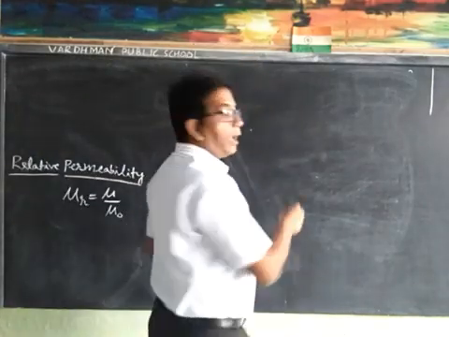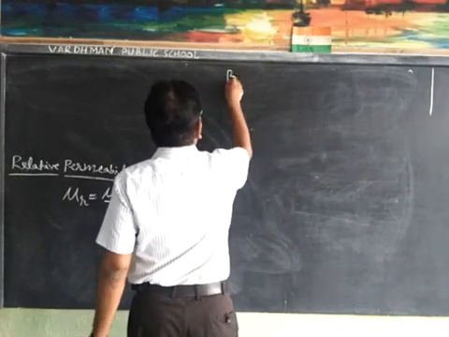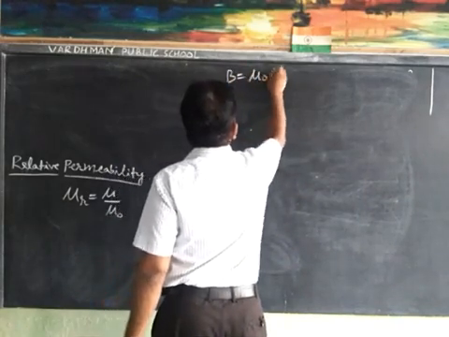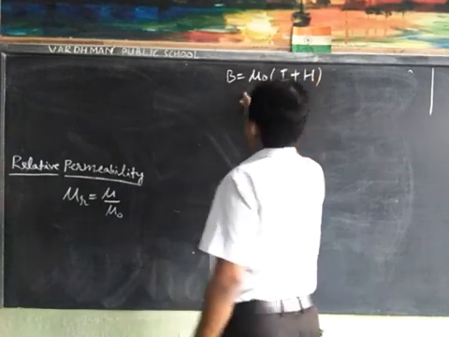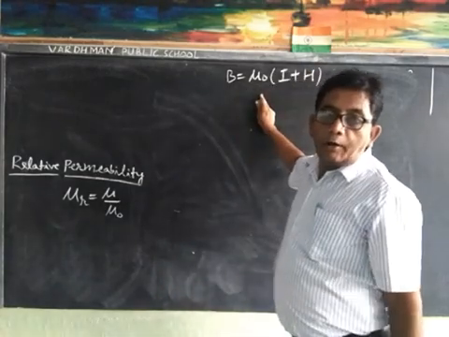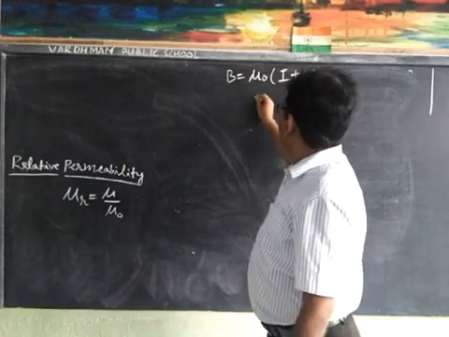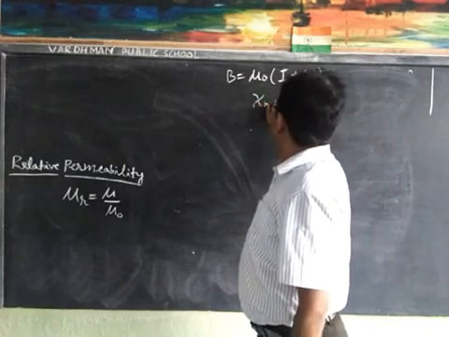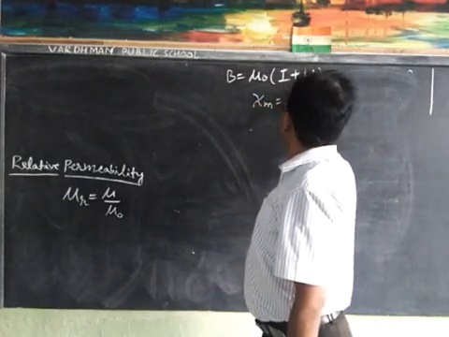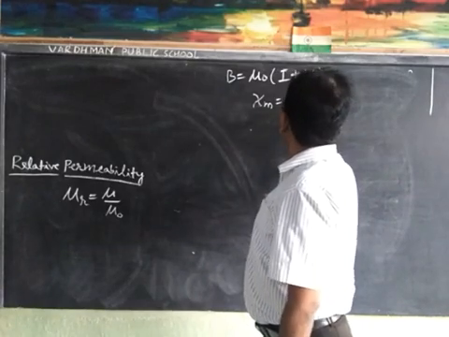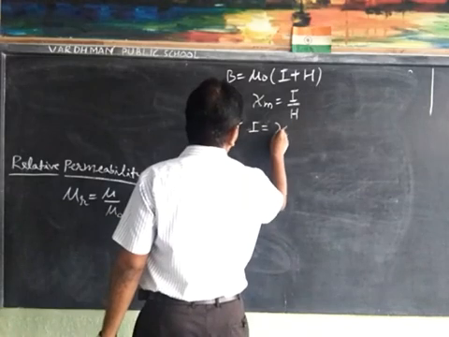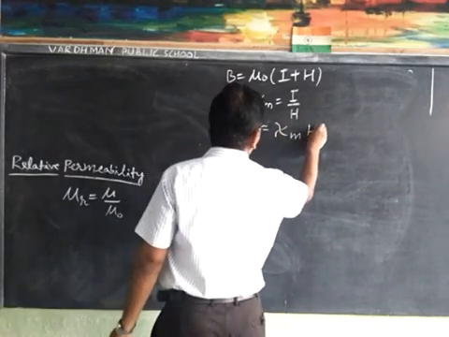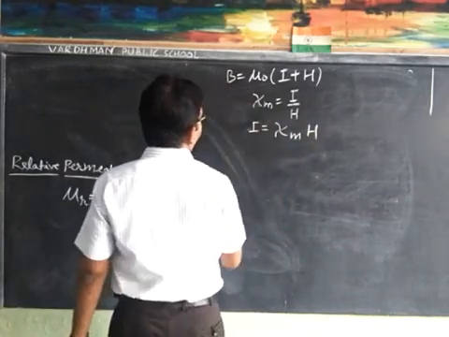Now we know chi m is equal to I upon H. Then I is equal to chi m into H. We will put this value.